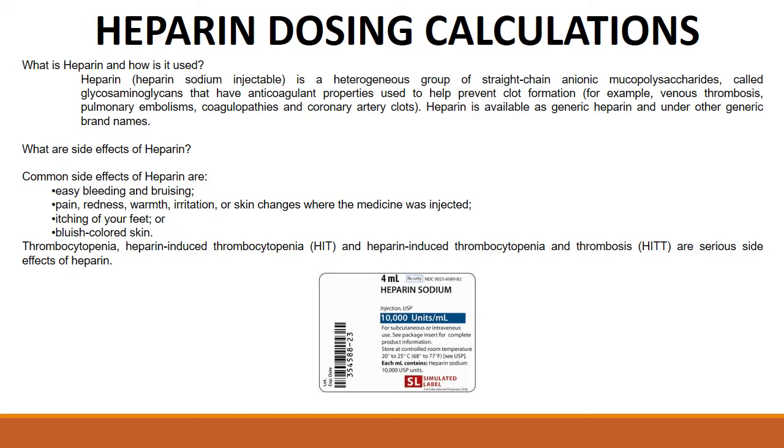When you talk about clots, it means we are talking about blood clots. There is a coagulation of your red blood cells in your blood, a formation of clot in your veins. So we have venous thrombosis, pulmonary embolism, coagulopathies, and coronary artery clots.